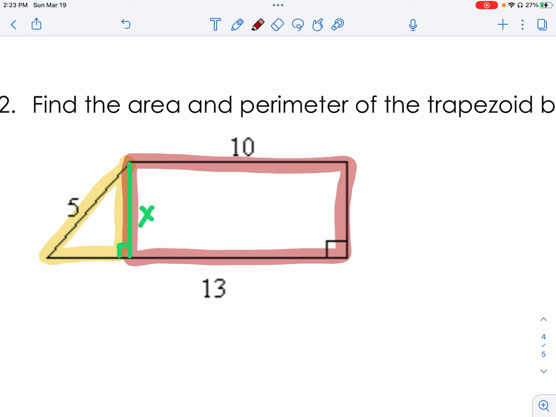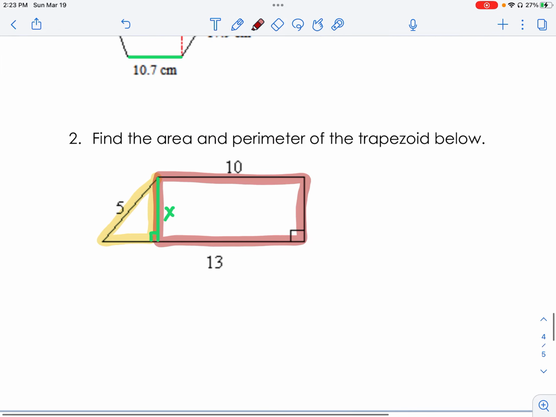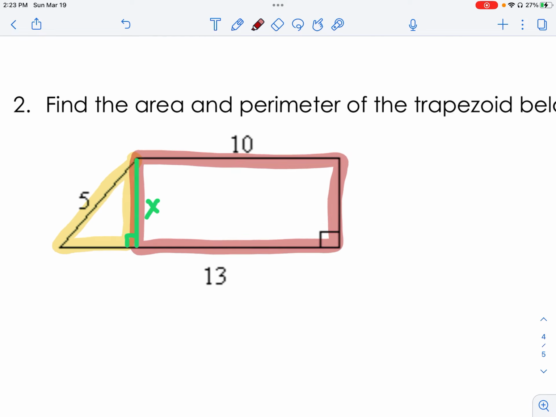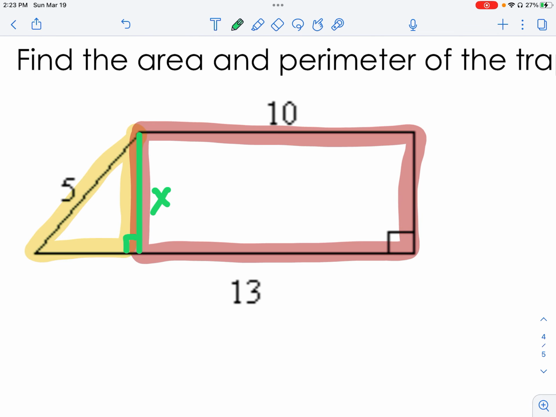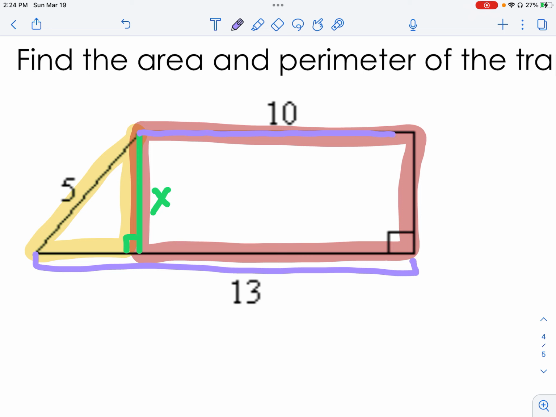So, we're asked to find the area and to find the perimeter. So, let's break this down. This whole guy here is 13. This part up here is 10.